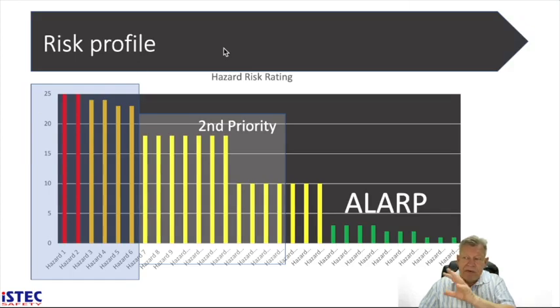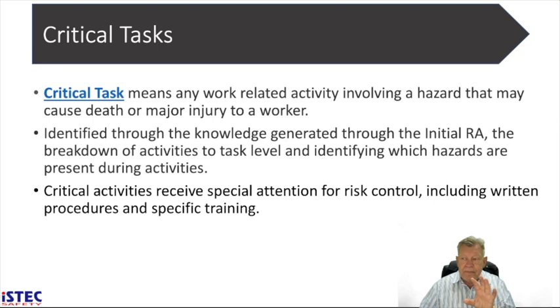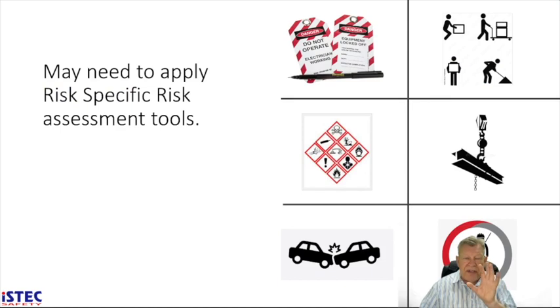From our initial risk assessment, we get this risk profile, which shows us which of these hazards are the very high ones. We can identify critical tasks, and we now need to apply these very specific risk assessment tools to analyze and further understand these very high-risk hazards.